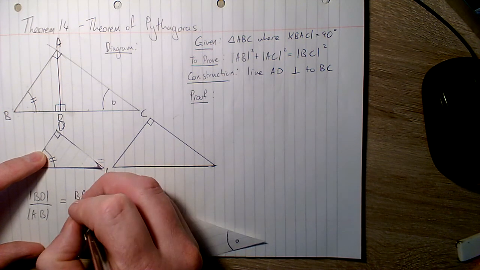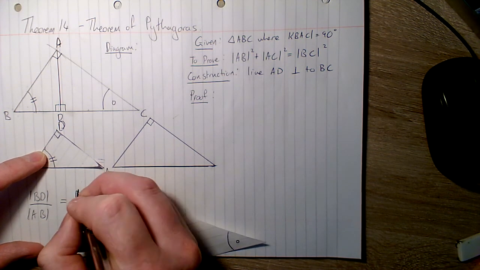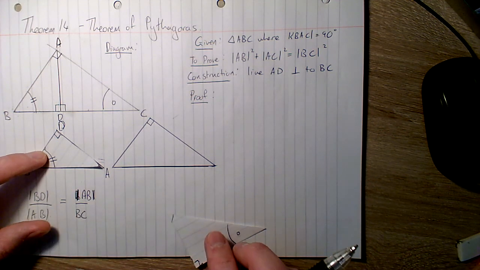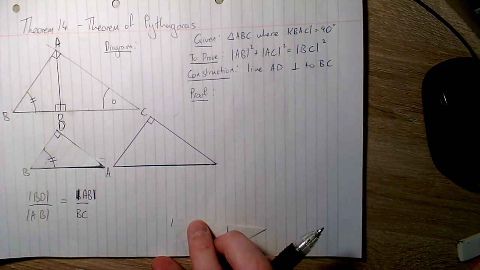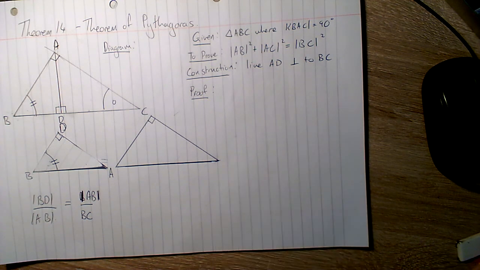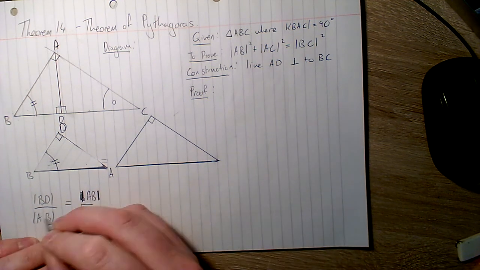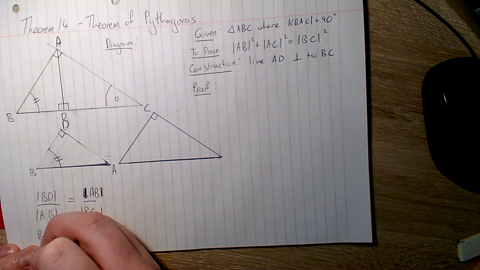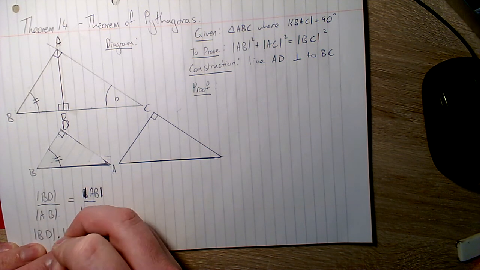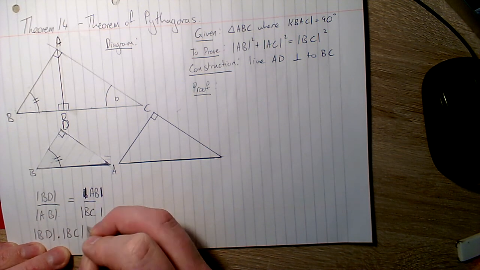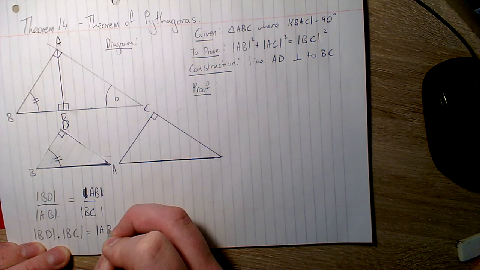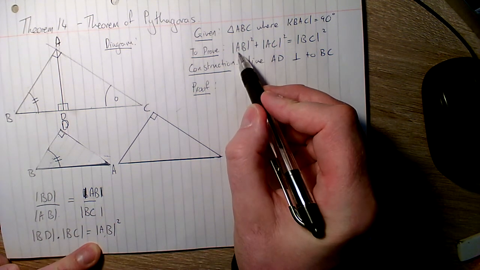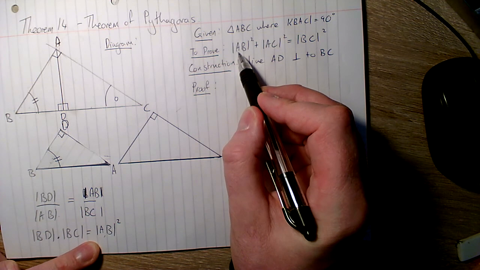I should have called that AB rather than BA. It doesn't matter what order you do, but you can see you've got AB in two places. If we cross multiply, we get BD multiplied by BC equals AB squared, and that is part of what we're working towards in our proof.